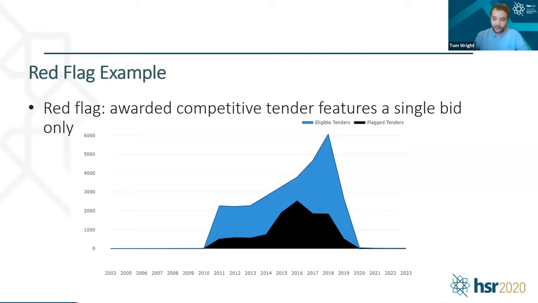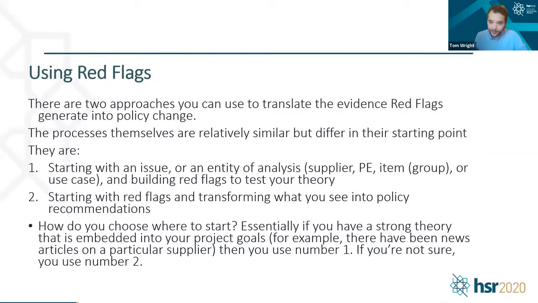We go on to the next slide, please. So red flags can be used in different ways to conduct research. And I hinted at this in the last slide, but essentially you can start with an issue.